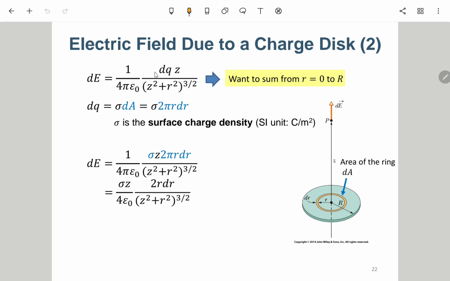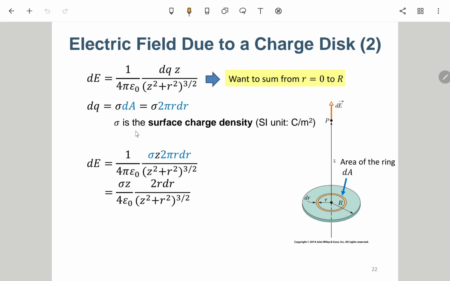So here dq will be something like sigma times dA. Just now for the linear charge density, we used the Greek letter lambda. But here it will be a surface density. 这个是面积的电荷密度.